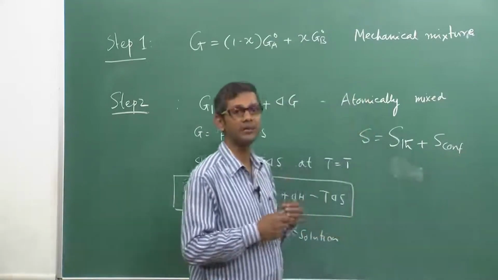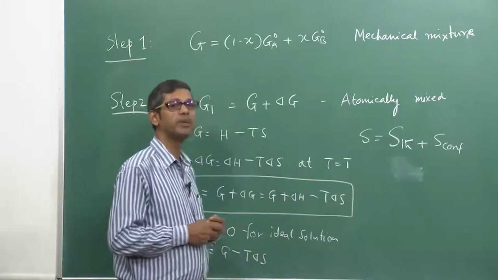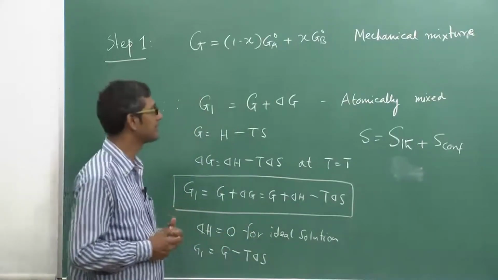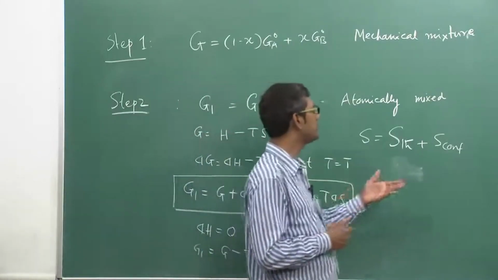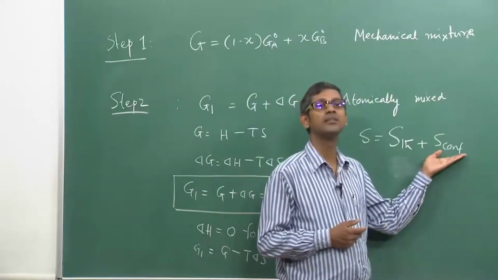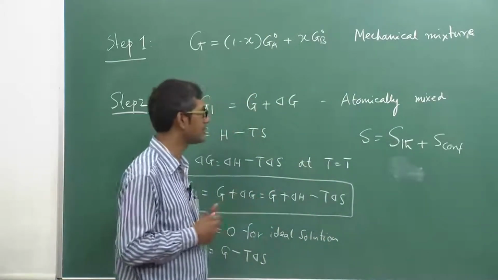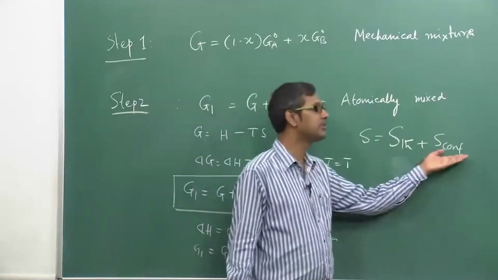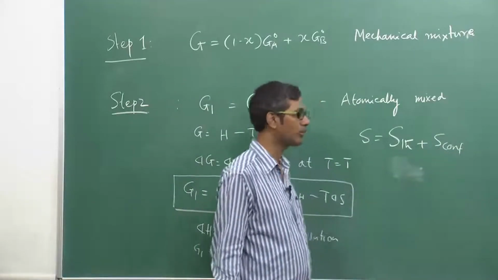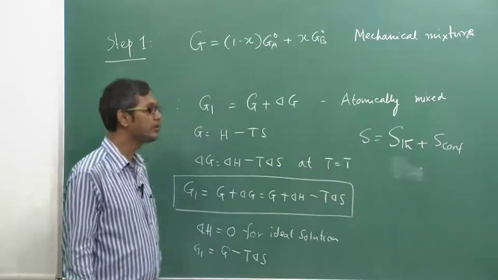Configuration means different types of arrangements, and these different arrangements will have different probabilities. Obviously, the one which has the highest probability of all the arrangements will be observed in real systems. This is the part which normally contributes to the entropy, and that is the part we need to calculate.